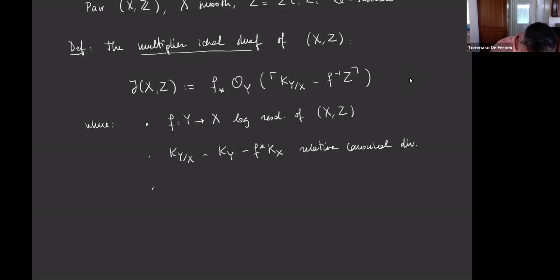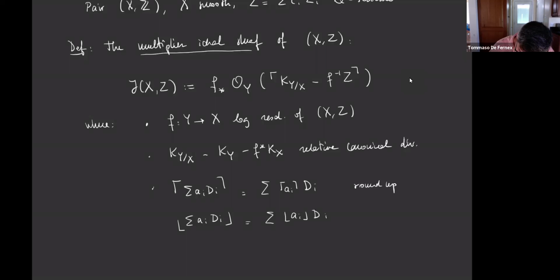And then if I have a divisor and I want to define the round up: suppose that the D_i are the irreducible components of some Q-divisor. The round up by definition is simply the integral divisor where I round up all the coefficients. Similarly, I can also define the round down of the divisor to be the sum where I just round down all the coefficients. Okay, this is the round up, and this is the round down.